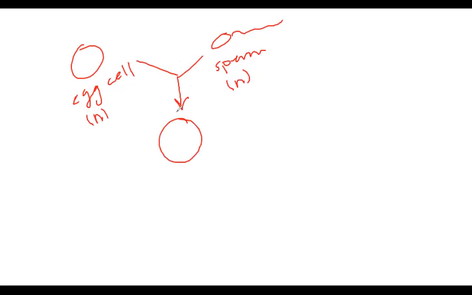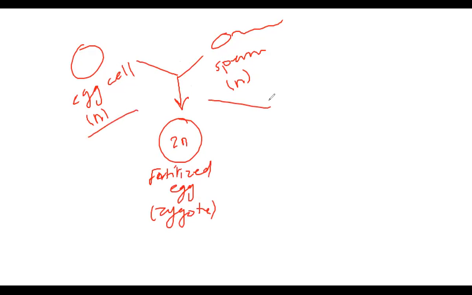They produce one fertilized egg, or in other words a zygote, which represents the first stage. This zygote, just one cell, contains the complete number of chromosomes, mixed between the chromosomes of the mother and the chromosomes of the father.